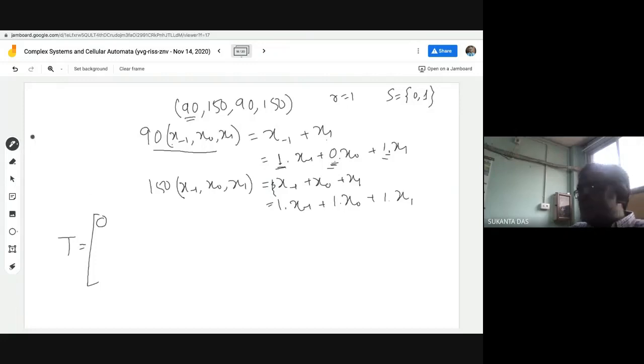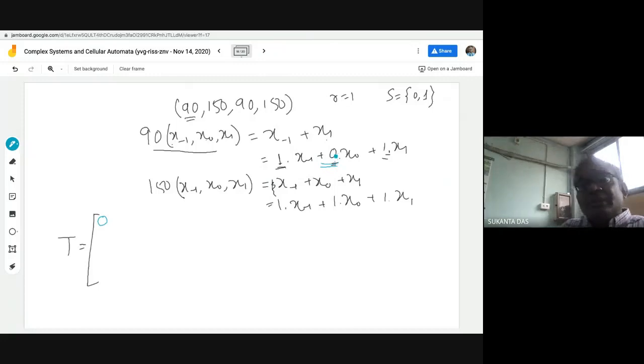Let me use a different color. Here is 0. This x is 0, so I am putting 0 here, because in my old format it was A00, the first cell.